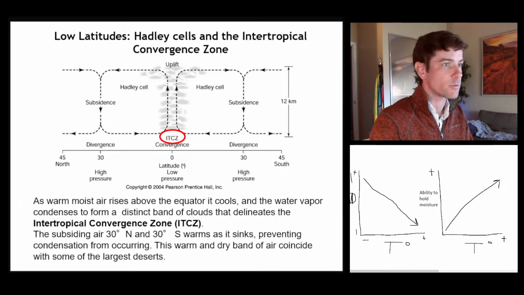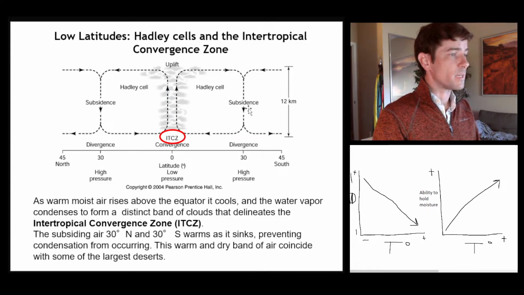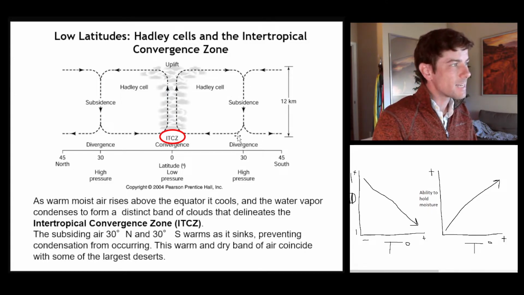Because the temperature is really low. You can't really see my mouse on that, but the temperature is really low. And so the density is high and it begins to sink. As it sinks though, it warms up, okay? And so it's cold, dry air up here, and it sinks, warming as it does. So when it reaches the Earth's surface down here, it's now warm, dry air, all right?